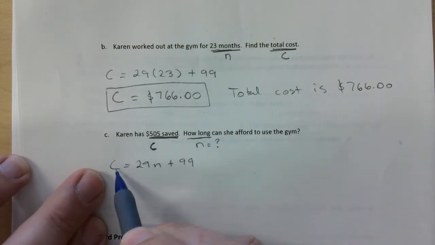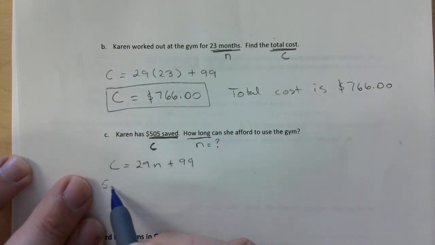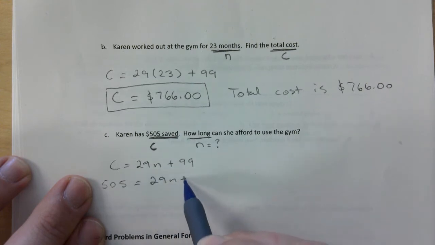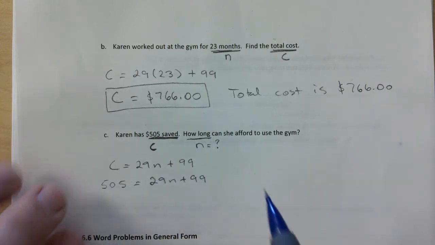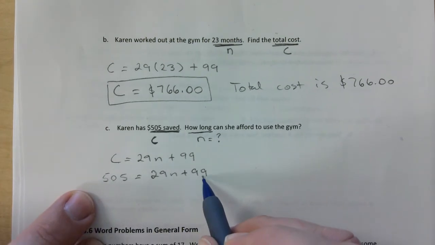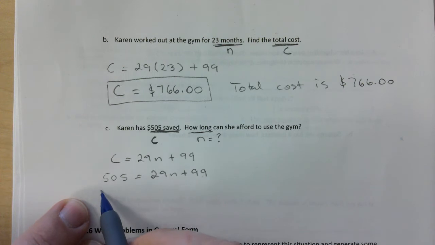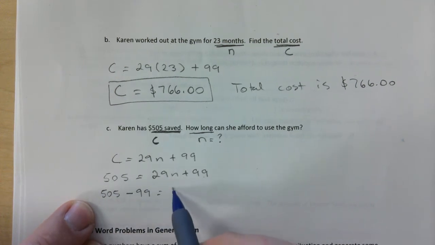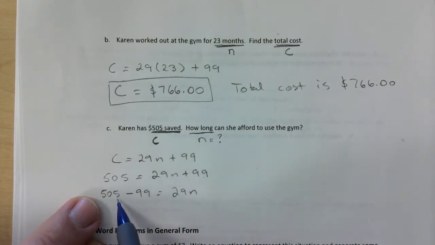We substitute the 505 in like this, plus 99, and now it's just basic algebra, right? Bring the 99 over to this side. Changes its sign, you end up with 29N. 505 minus 100 would be 405.